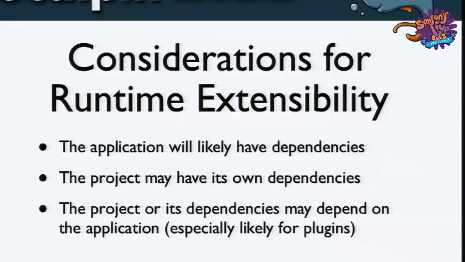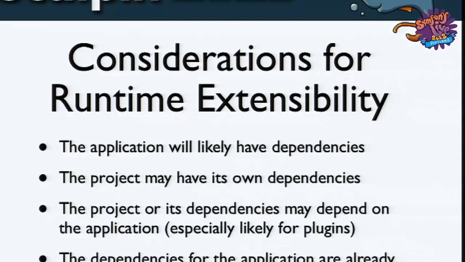Say in the case of Sculpin, you have a data source interface. If you write a plugin that creates a data source interface that talks to a database or talks to your API or whatever you want, that plugin itself is going to need to have access to the data source interface. So it is going to depend on the application itself.